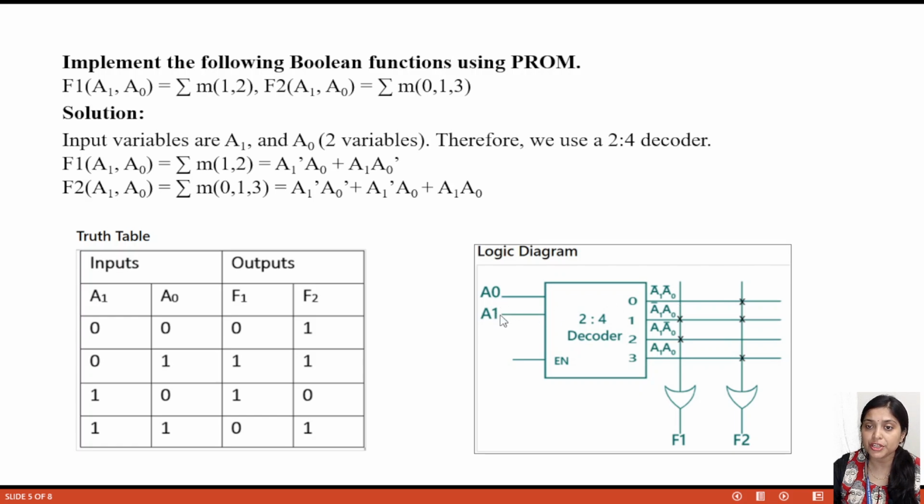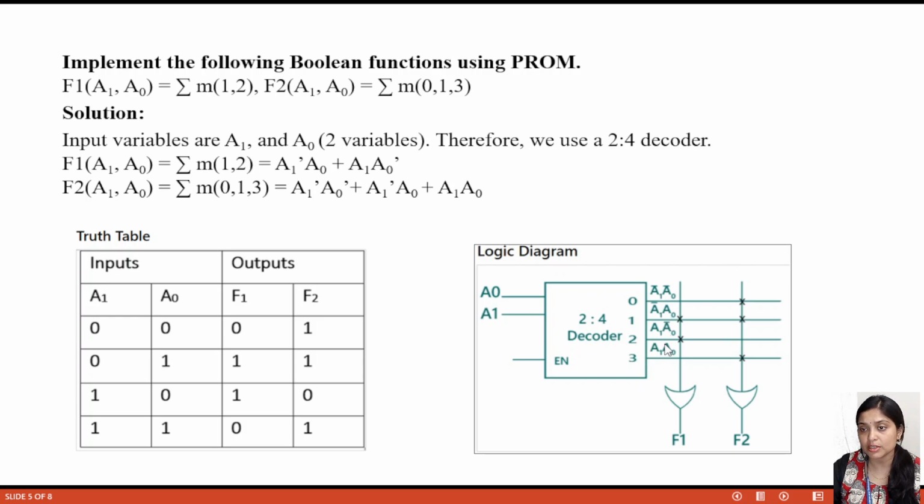When the 0 1 combination is there, then line 1 will be active. Here A1 is the MSB and A0 is the LSB. So 0 0 means 0; 0 1, that means A1 is 0 and A0 is 1, means 1; 1 0, that means A1 is 1 and A0 is 0, means 2; and when both are 1 1, output 3 will be selected.